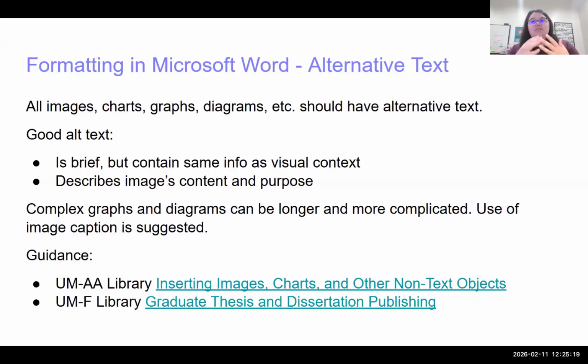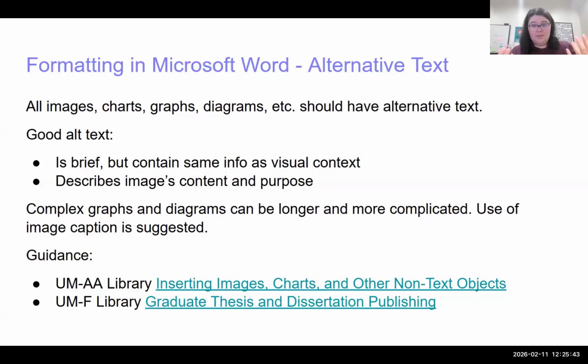But to really get good at alternative text, it should be brief, but it has to contain the same information as the visual context that we're seeing. Okay. And so you need to describe the image's content, but also the purpose behind it. For some of the charts and graphs that you use, it might just be a pie graph showing splits.